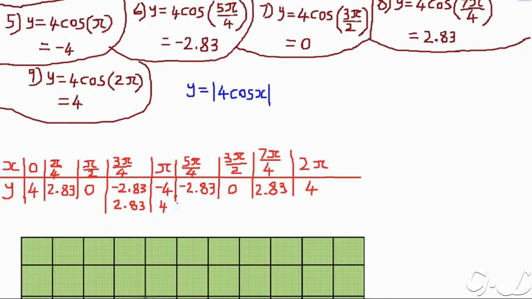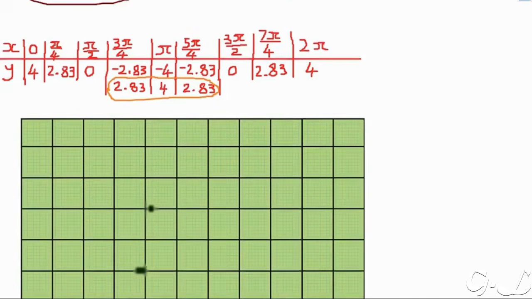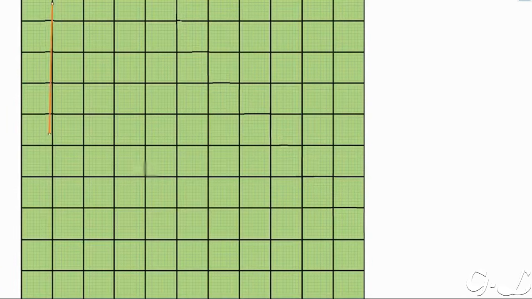So it will be positive 2.83, positive 4, positive 2.83. So we shall see how we are going to draw that one. Let's try to draw.